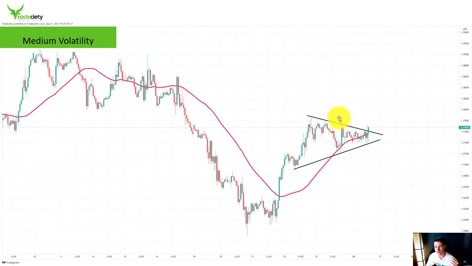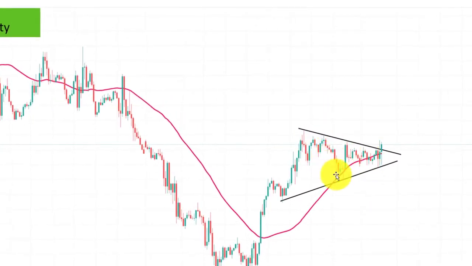Compare that to a medium volatility market. When we zoom in here, you can see that we do have wicks on our candlesticks occasionally, and actually much more frequently, and it's more important to look at the most recent price history. How much is the market swinging? Do we have large candlesticks? Do we have small candlesticks? Are the wicks generally large or small?